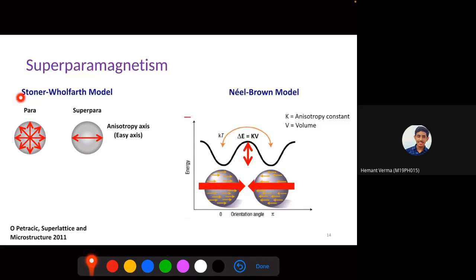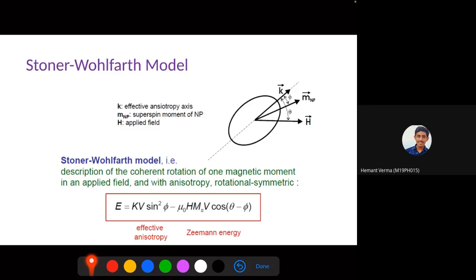So one model is about how it behaves in a magnetic field, and this model about how it behaves in temperature. We will discuss it in detail tomorrow in the class. One has to calculate the energies and so on, so we'll do that tomorrow in the class.